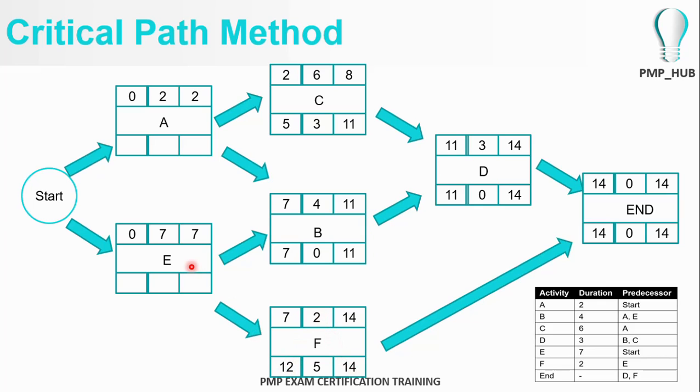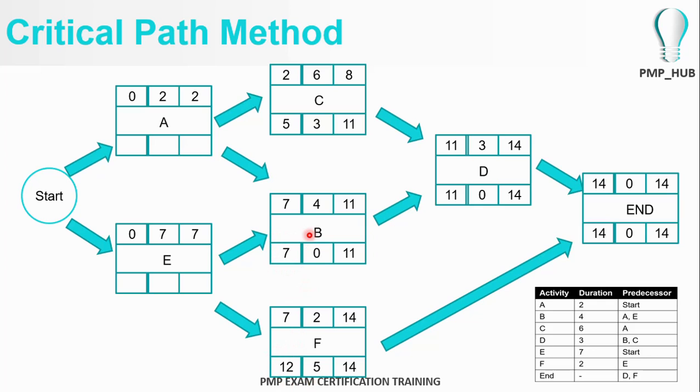And in activity E, B and F are depending on the output of E. The latest start time of B is 7 days. The latest start time of F is 12 days.